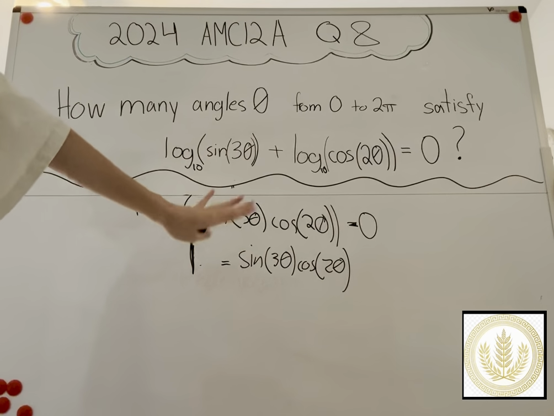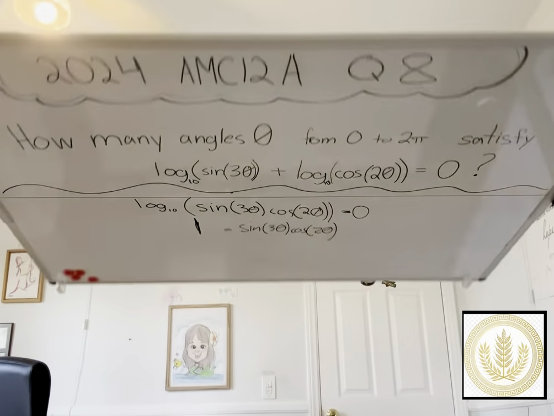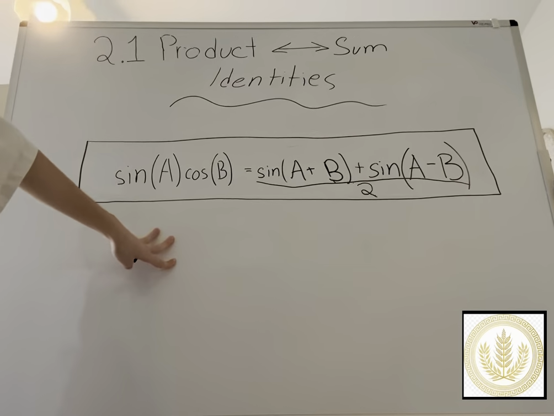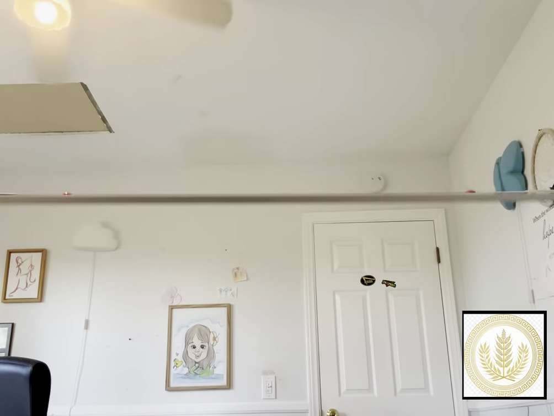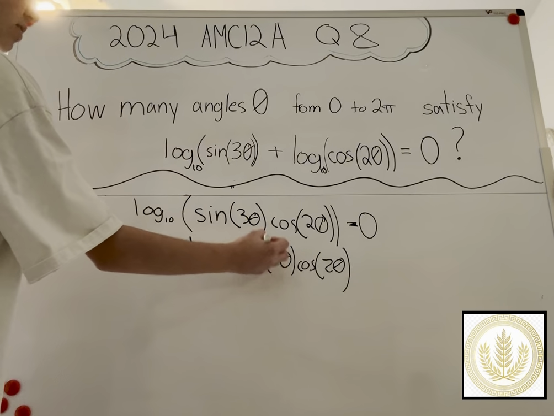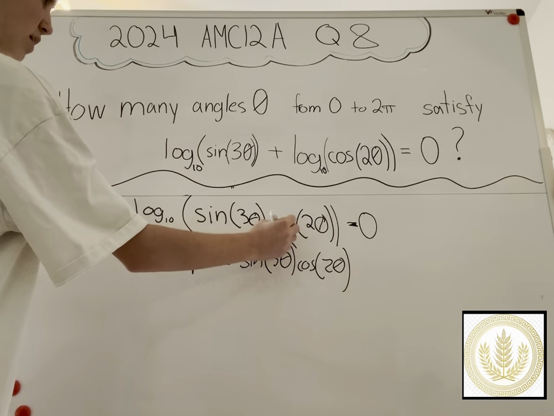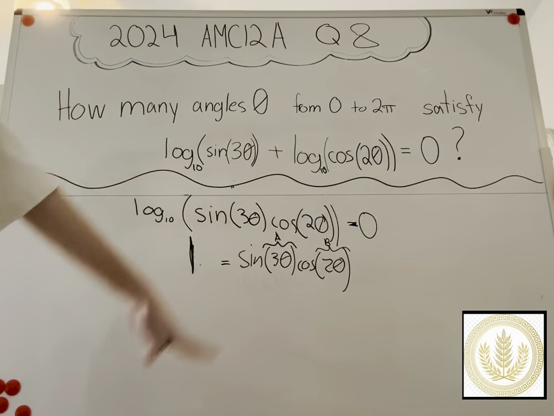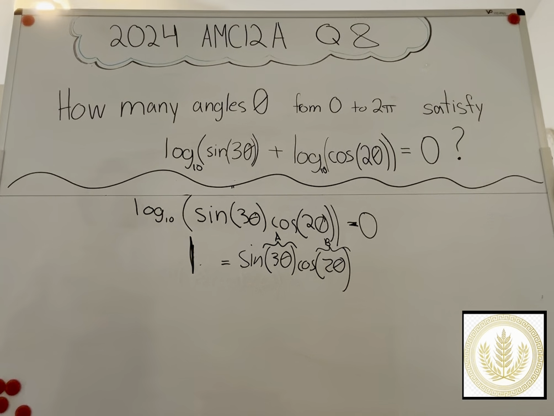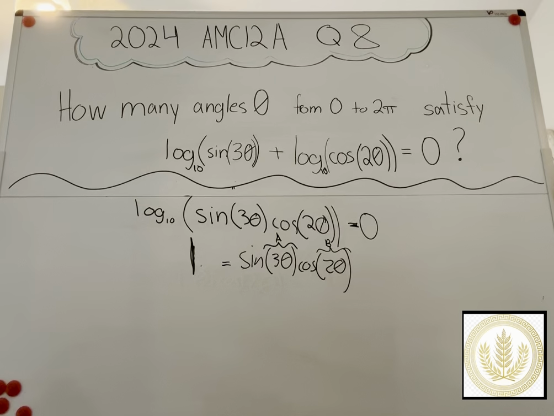And see how that looks just like what we have in our identity, which is sine A cosine B. So in our case, the 3 theta is our A value, and the 2 theta is our B value. So let's see if we can rewrite this expression in terms of how we wrote it in our identity.